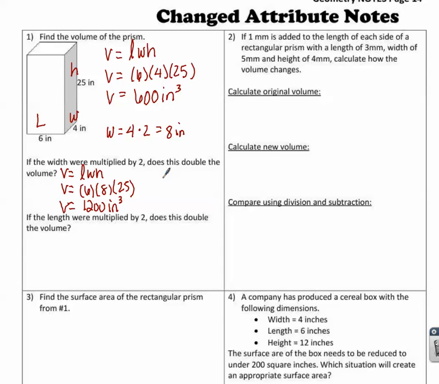In order to see if it's been doubled, you want to take your new volume, which is 1200 inches cubed, and you want to divide that by your original, which is 600 inches cubed. 1200 divided by 600 is 2.